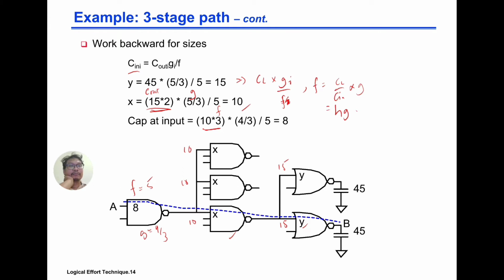So 10 is your C out, this is your G, and this is your F. If you do the calculation correctly, you should be able to validate that your input capacitance, or your input size, actually matches our analysis. And if you don't get 8 here, then something is wrong with the calculation.